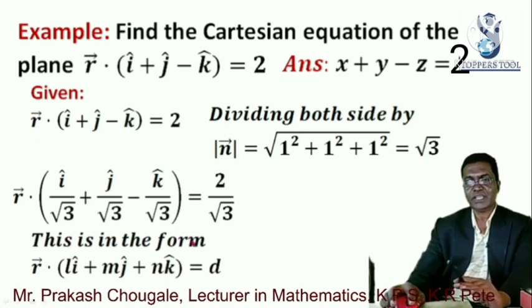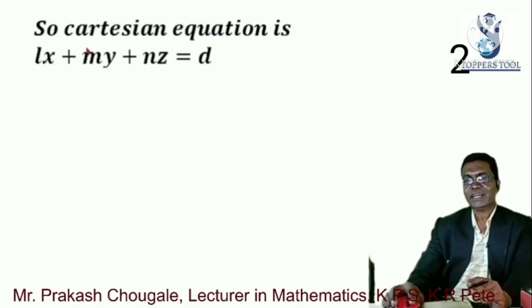So this is in the form r dot (l i cap plus m j cap plus n k cap) equal to d. Here l, m, n are the direction cosines. So what are they? 1 by root 3, 1 by root 3, minus 1 by root 3. So what is the Cartesian equation of the plane?